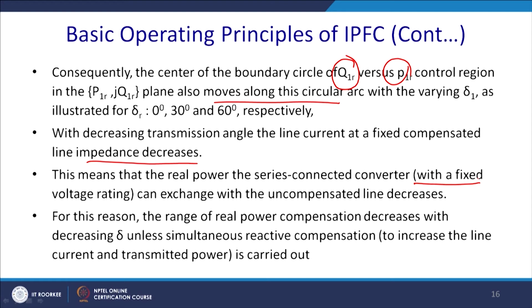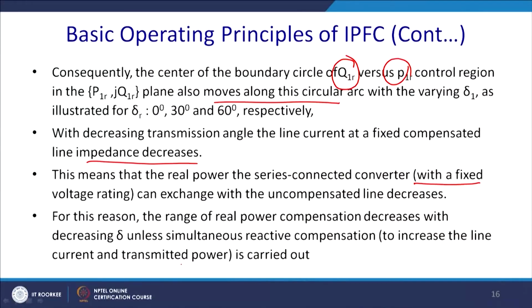For this reason, the range of the real power compensation decreases with decreasing delta unless simultaneous reactive power compensation is put in. So, we can say that simultaneous reactive power compensation is carried out to increase the line current and the transmitted power. This is basically some observation we can make for normal FACTS devices fitted with the IPFC.